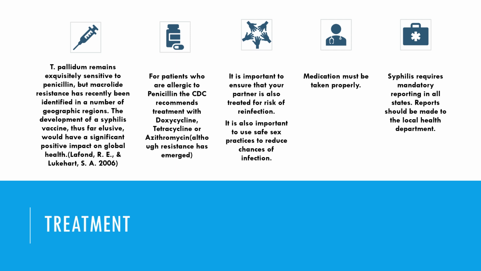It's equally important to make sure your partner has been tested and treated to prevent reinfection. Although condoms are not 100% foolproof in the way that they help prevent infections, it's still very important to practice safe sex. Syphilis infections are mandatory for reporting in all states. Reports should be made to the local health department.